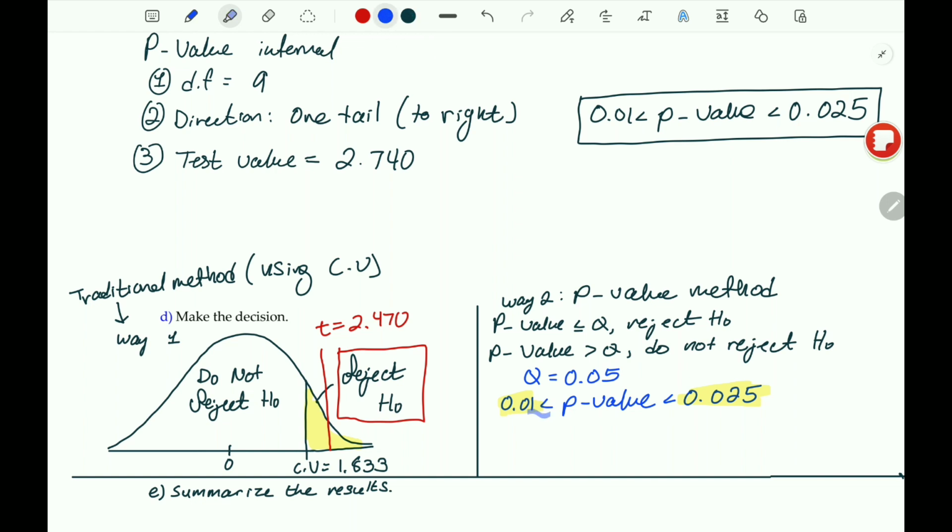I'm gonna write it here in blue. Both interval values are smaller than 0.05. Because both values are smaller than 0.05, that means that the p-value is also smaller than 0.05.